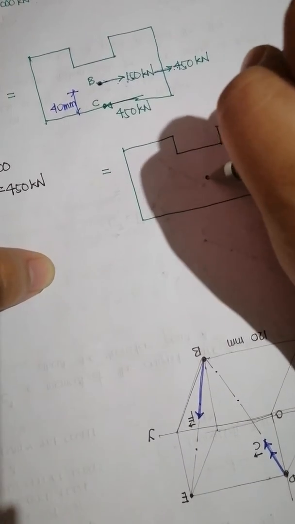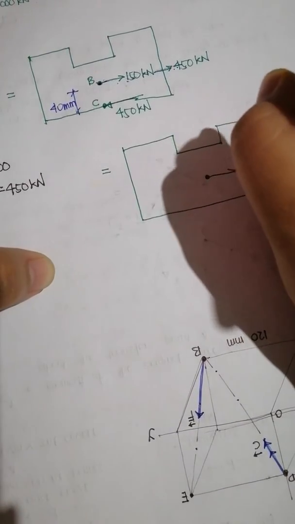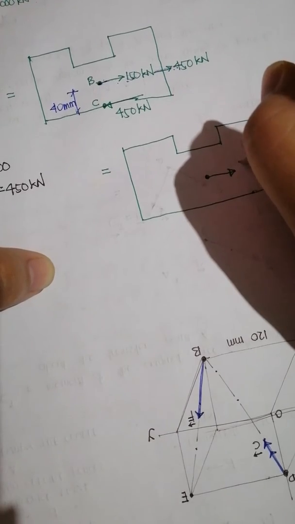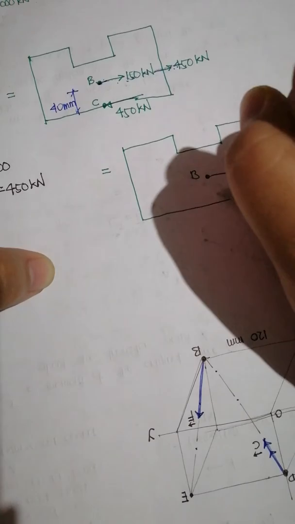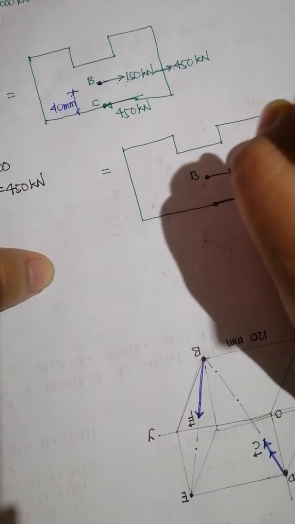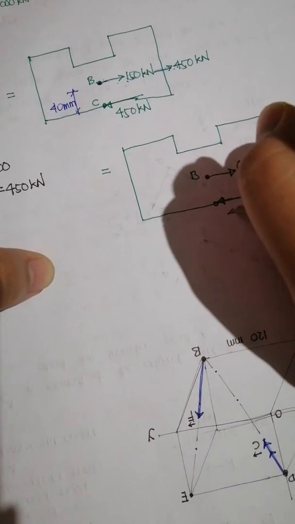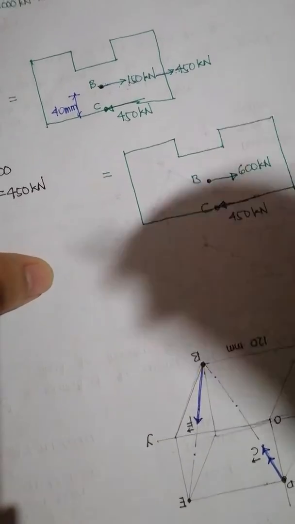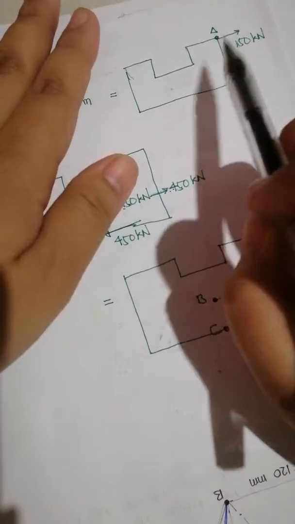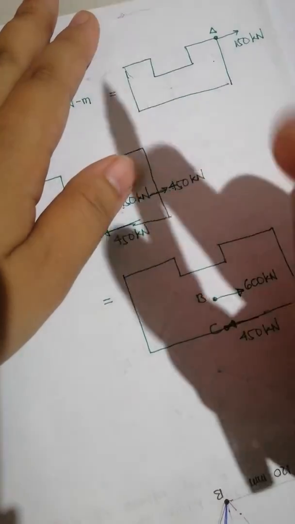At point B, we have a total of 150 plus 450, that is 600 kilonewtons, and at point C, we have 450 kilonewtons.